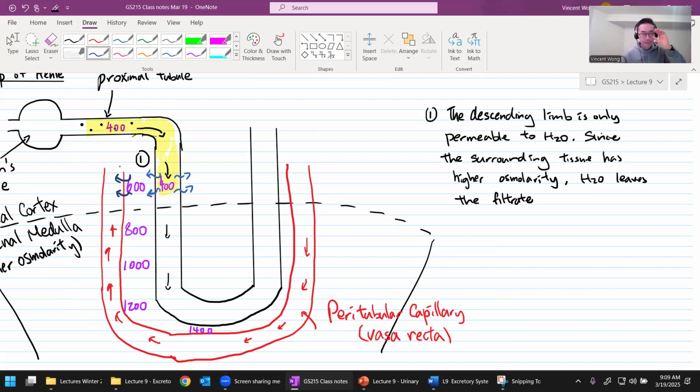All right. Now, please tell me what happens to the concentration of the filtrate after it goes through this section. Is it going to be 400 still? Is it going to be less than 400? Is it going to be higher than 400?